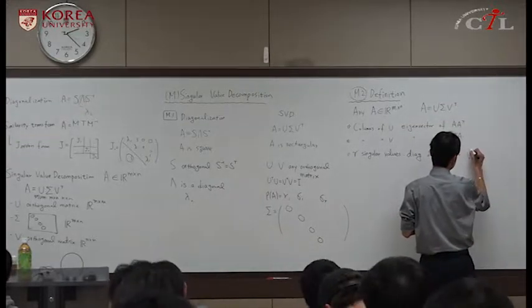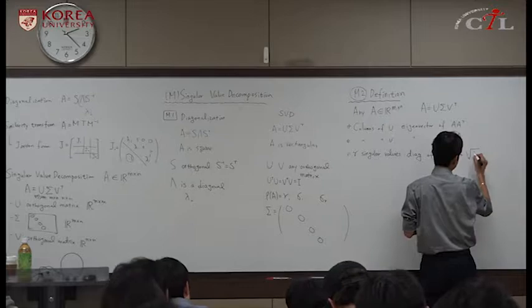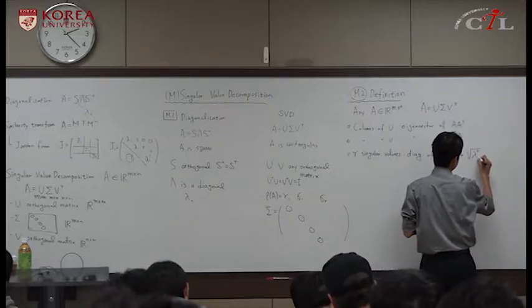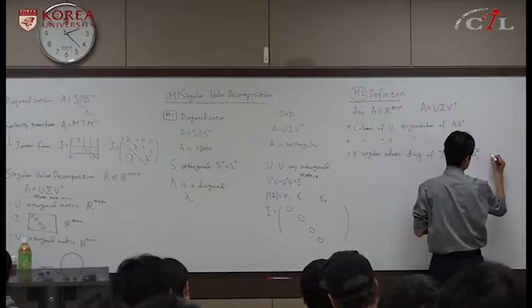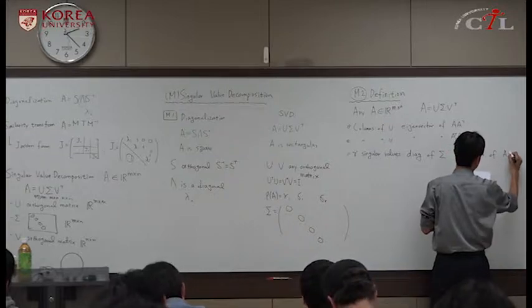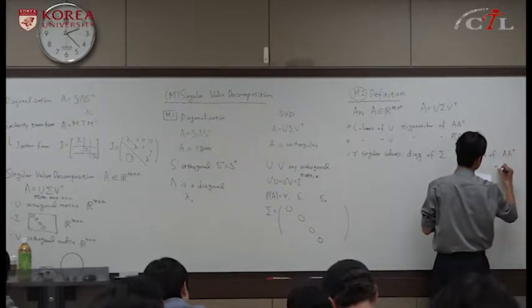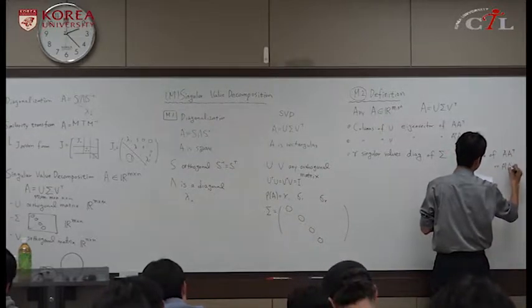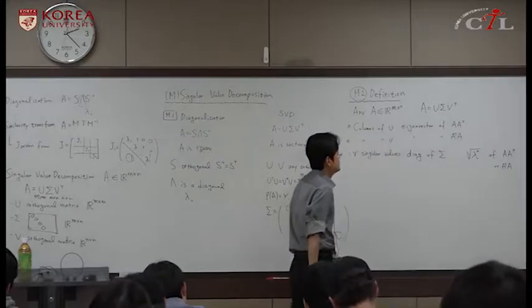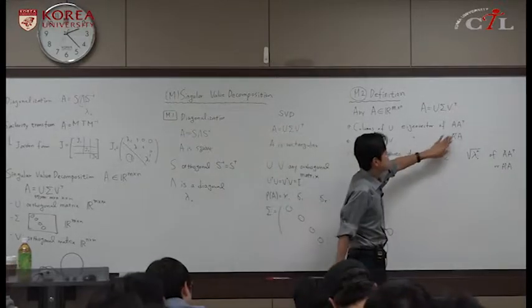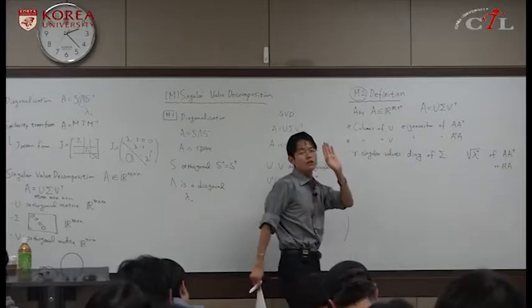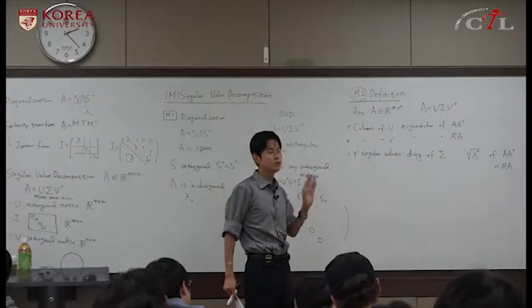And it's the square root of the eigenvalue of A A transpose or A transpose A. So thinking about A A transpose or A transpose A, they are square, right?